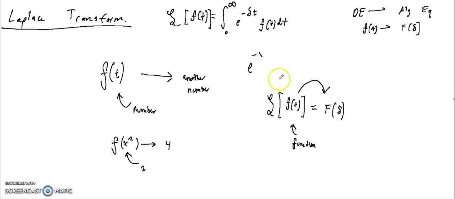So that is what this function does. We're going to get a differential equation with derivatives and all the nasty stuff. We're going to plug it into this function and we get an algebraic equation.